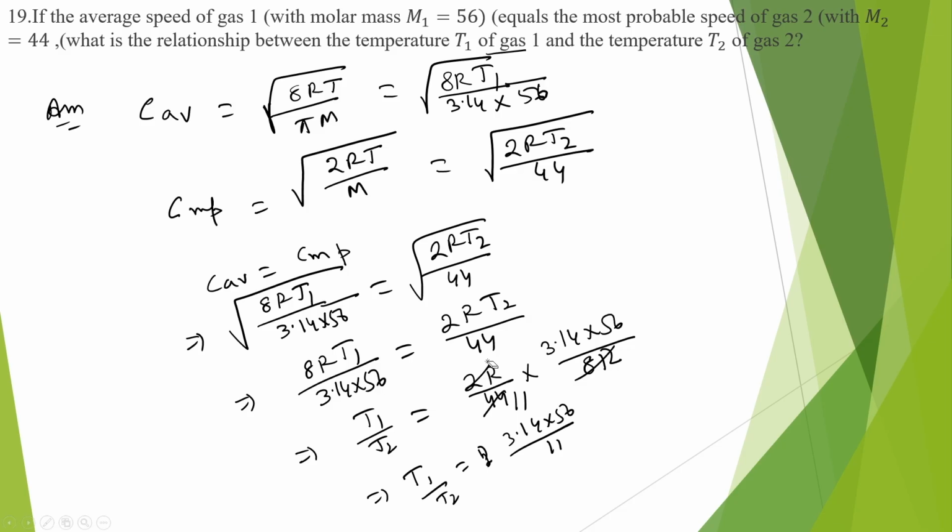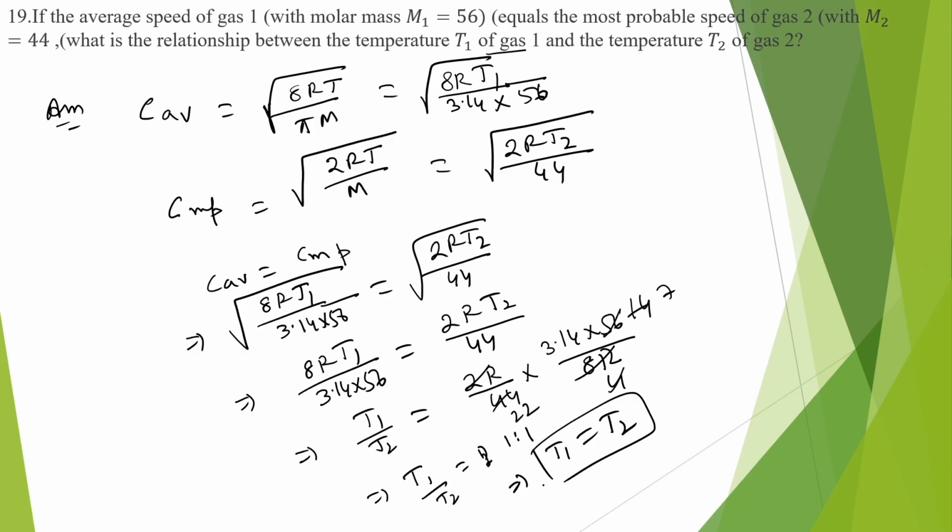So this is 4, so this is your 44. So you get 14, and this gives you 22. This is 7. So it is 1:1 basically. So it says that T1 equals T2. Both temperatures T1 and T2 are equal.